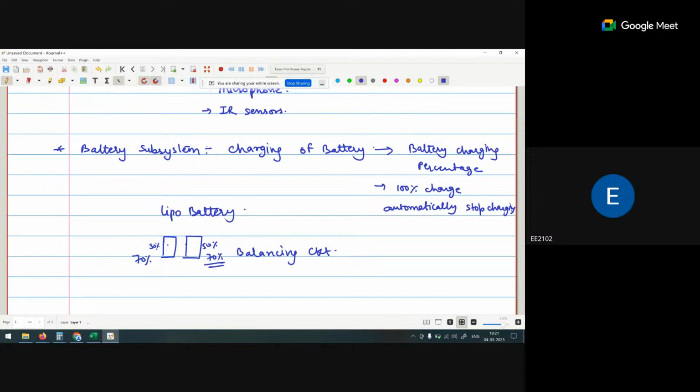So all of this, the balancing circuit for the battery, will be managed by the battery subsystem.